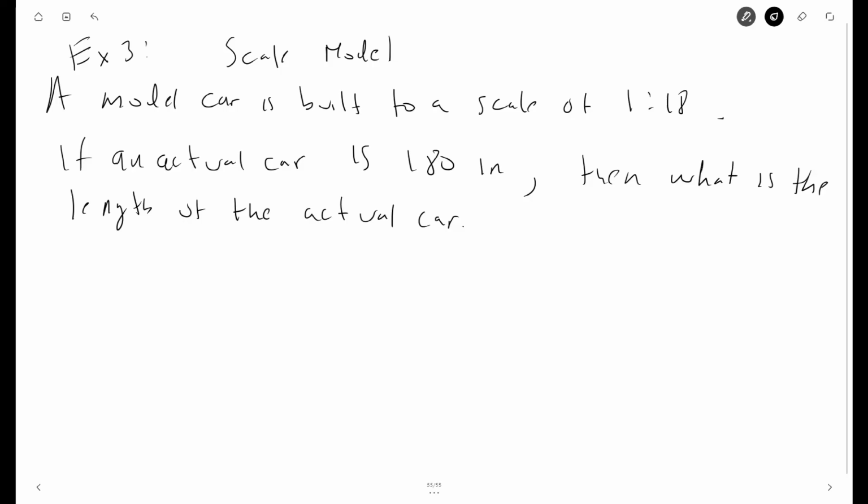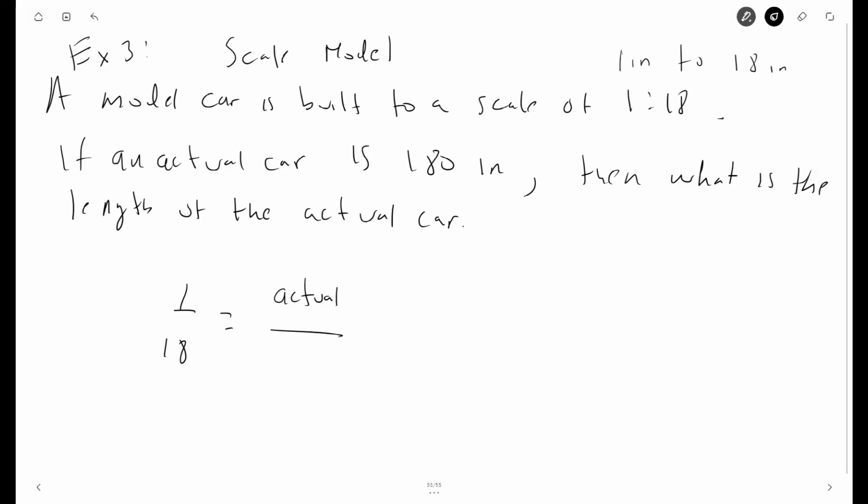Remember, 1 to 18 means that 1 inch is to 18 inches. So we can say 1/18 is equal to actual divided by 180 inches.